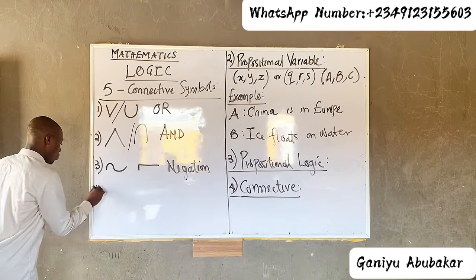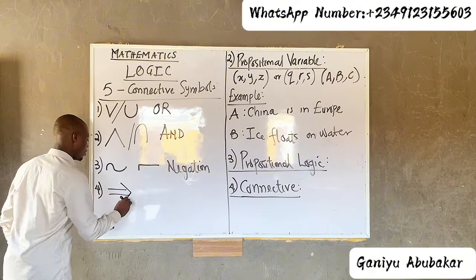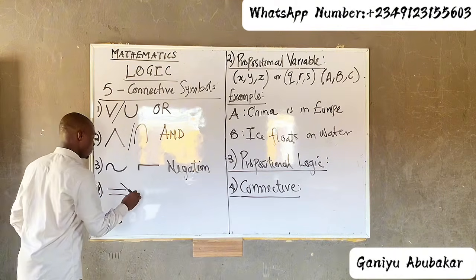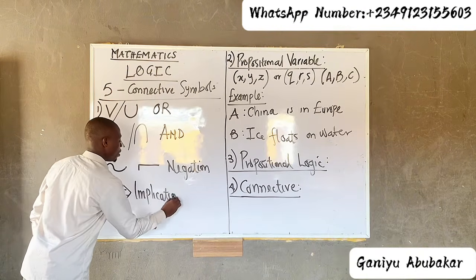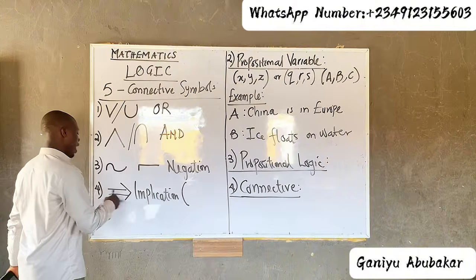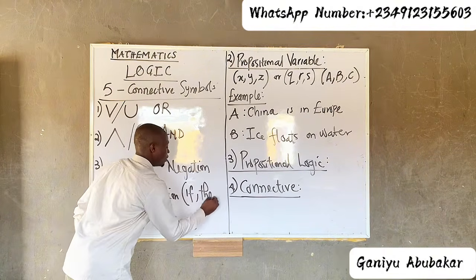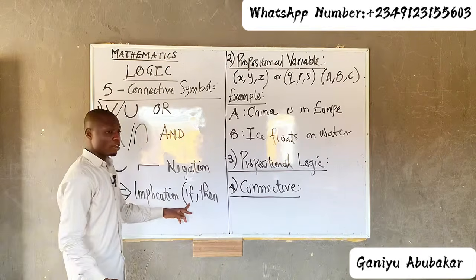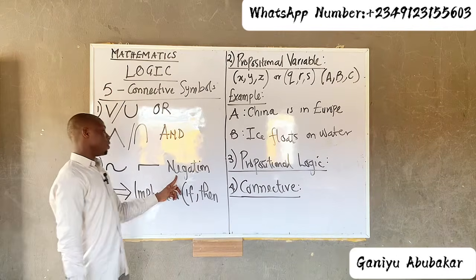Number 4, this symbol here signifies implication. And what does this arrow mean? It means if, comma, then.